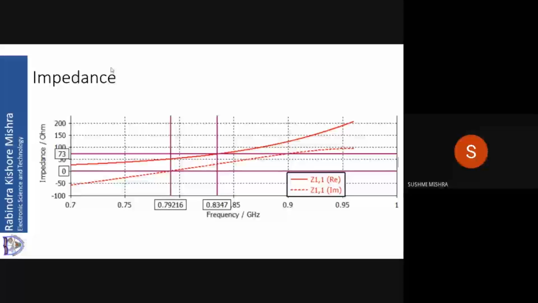I require my imaginary part to be 0 at 0.8347. Now, see what is the difference between them in terms of lambda.